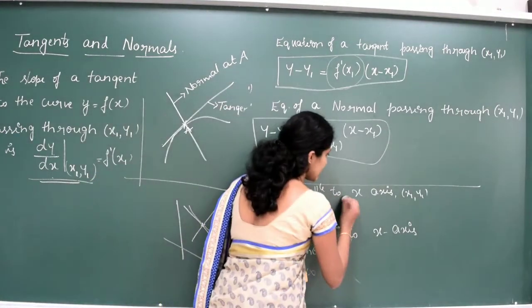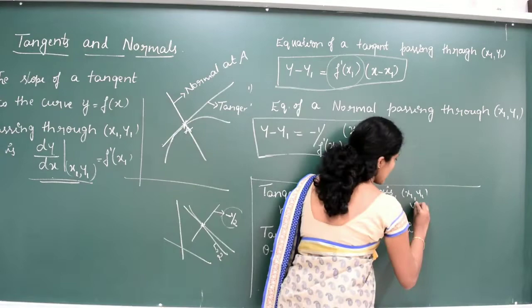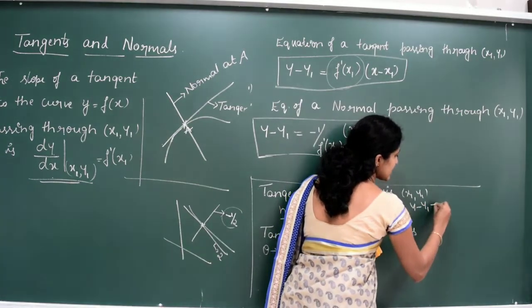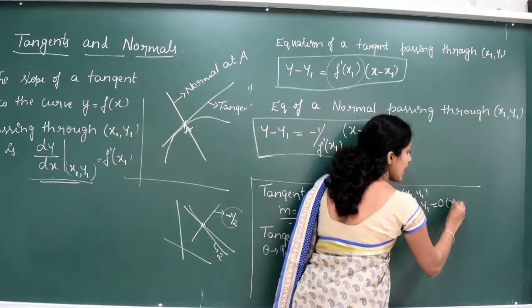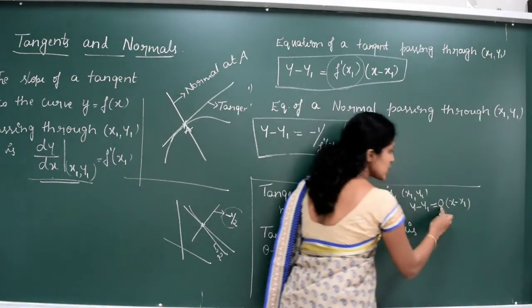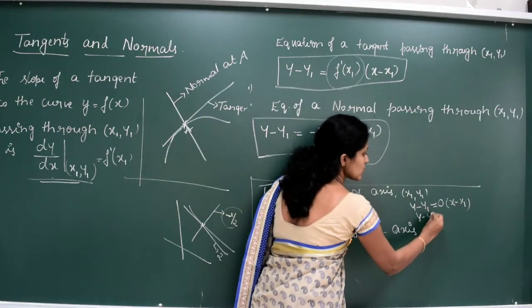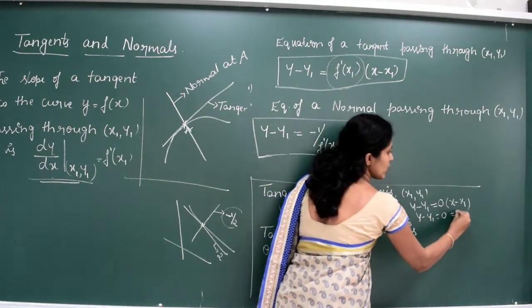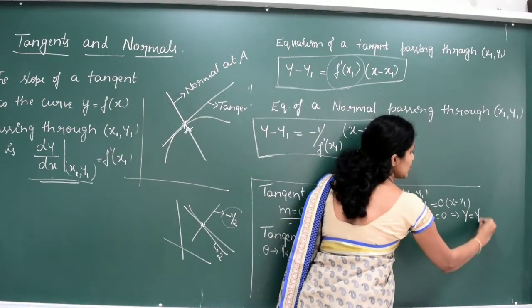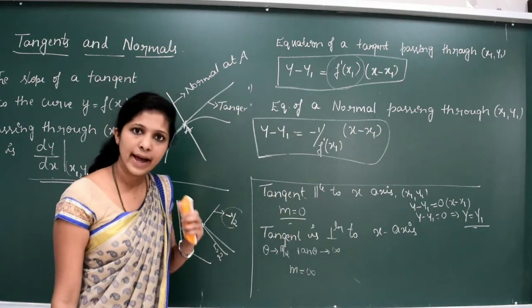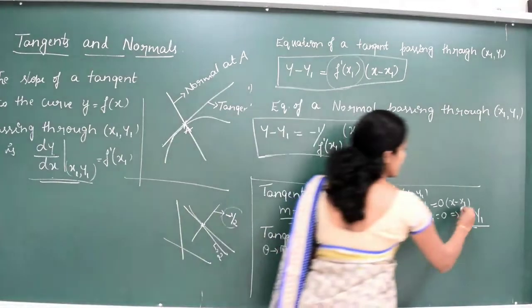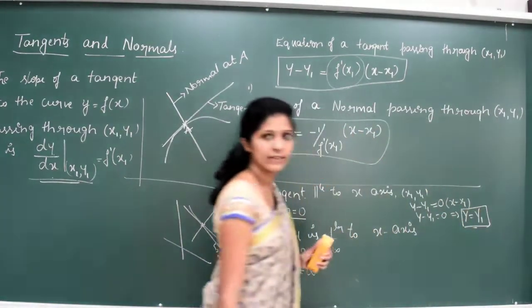So we can write this as y minus y1 is equal to m, now the slope is 0, into x minus x1. So this will be 0. So y minus y1 is equal to 0. That implies y is equal to y1. Remember this. Suppose the tangent line is parallel to x-axis, then y will be equal to y1. Important.